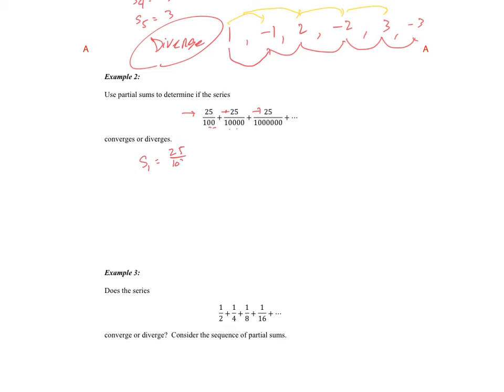So I think I'm going to go 10 squared, then s sub 2, I'm going to have my 25 over 10 squared plus my 25 over 1, 2, 3, 4, 10 to the fourth, which just means it's going to be super small. And then my s sub 3 is going to be 10 squared, 10 to the fourth, and then I've got 1, 2, 3, 4, 5, 6, and then 10 to the sixth.